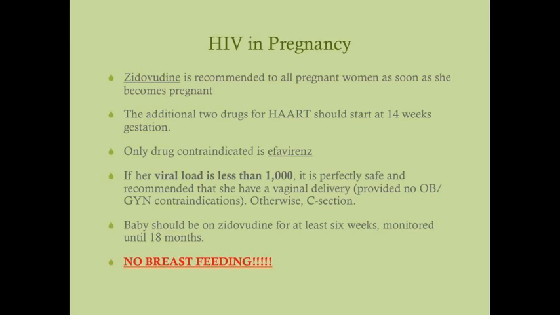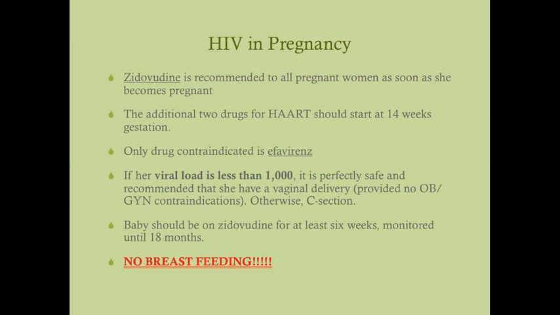So you're going to treat her like you would treat any other HIV/AIDS patient. The difference is she starts out with zidovudine for the first 14 weeks of her pregnancy, until the baby is 14 weeks of gestation, we'll say it that way. And then once the baby is past 14 weeks of gestation, we're going to add an additional 2 drugs.